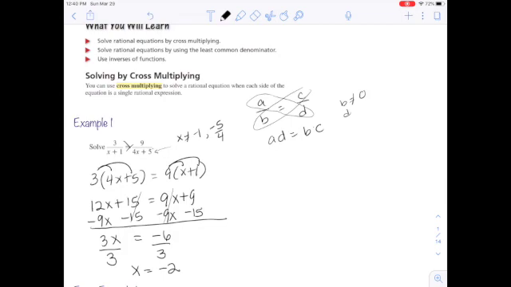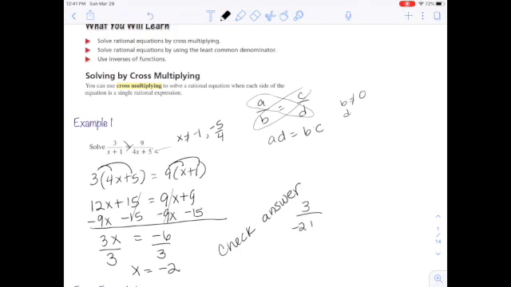Especially in this section, you should always check your answer. Make sure that you got it 100% correct, because if you hypothetically got a -1 or a -5 over 4, that would not work. That would not satisfy the equation.